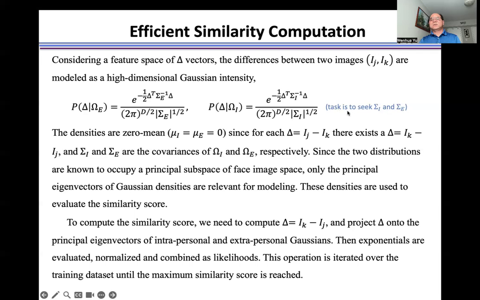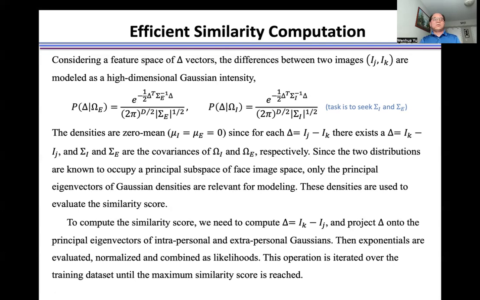Our task is to seek the covariances sigma I and sigma E. The densities are zero mean, since for each Ij minus Ik, there is Ik minus Ij. Sigma I and sigma E are the covariances of omega I and omega E, respectively.